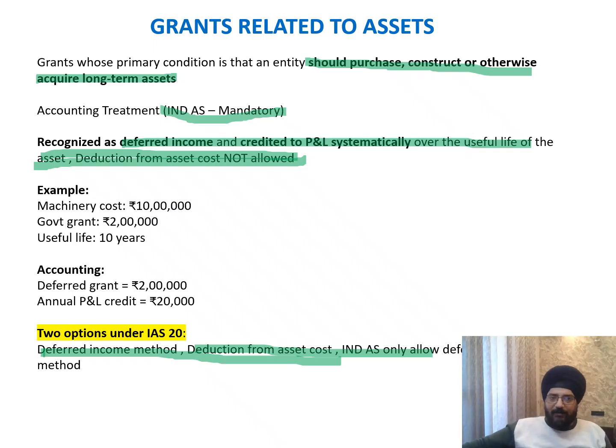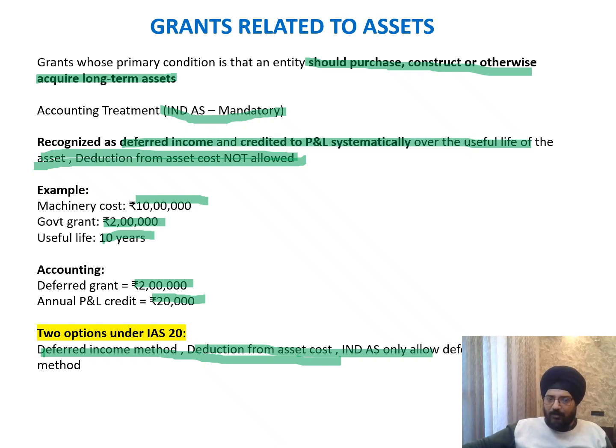So a typical example as we talk about Ind AS 20 is that let's say there is a machinery cost of 10 lakh rupees. Government grant is received for 2 lakh rupees and useful life of the asset is 10 years. So accounting would be we have to defer the grant and credit the P&L annually on the basis of the life of the asset, so 2 lakh divided by 10 is equal to 20,000.